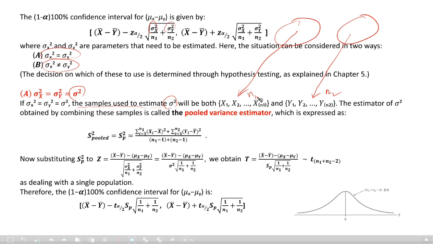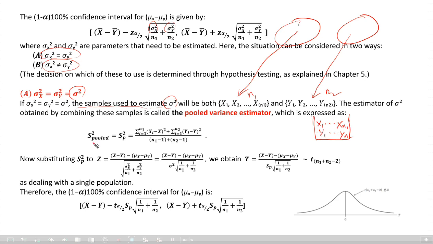So how to do it? Just mix them. Pool it. The estimate of sigma square obtained by combining these samples is called the pooled variance estimator. So x1 to xn1 and y1 to yn2 are pooled and we get one estimator.